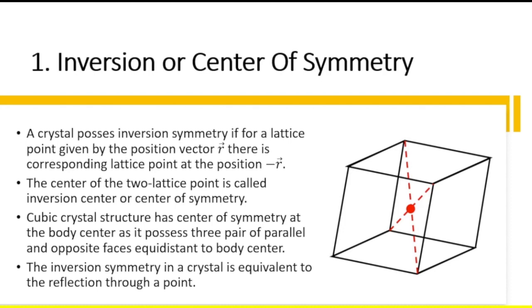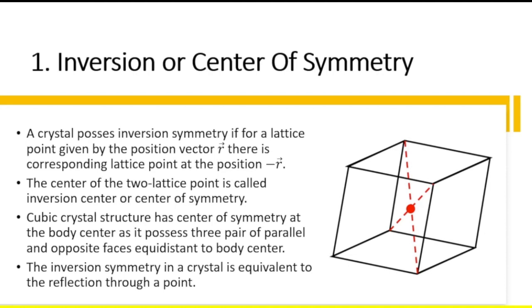So if there is such a point in a body where the lattice points are situated at r and minus r positions, then the crystal is said to have an inversion center or center of symmetry. The cubical structure has the center of symmetry at the body center.